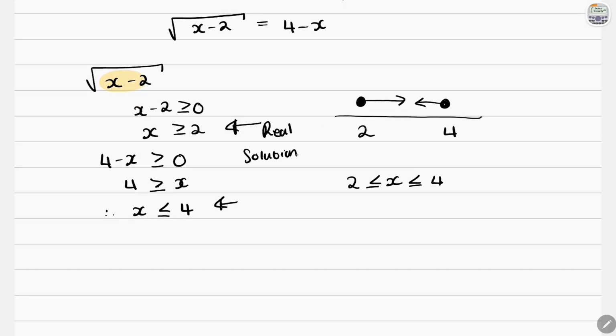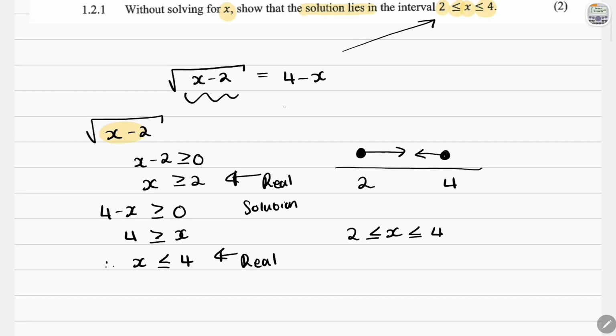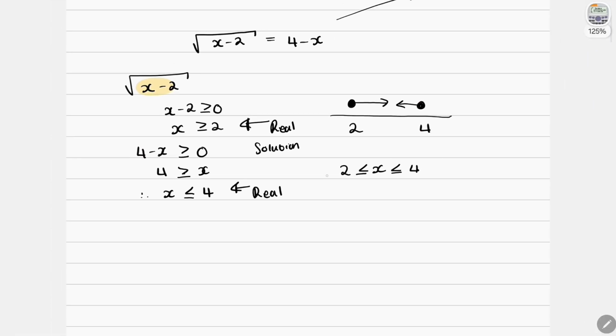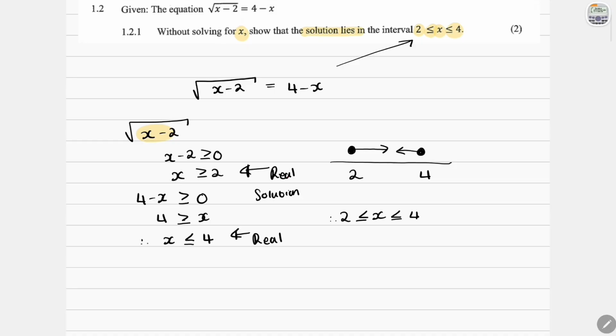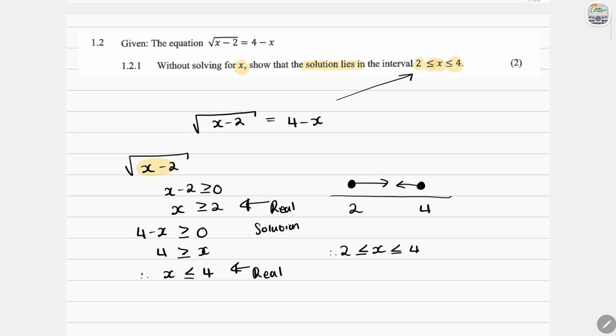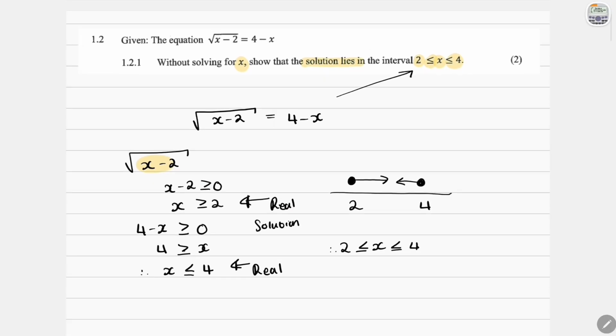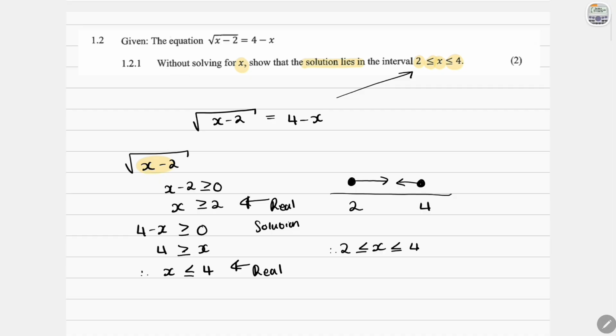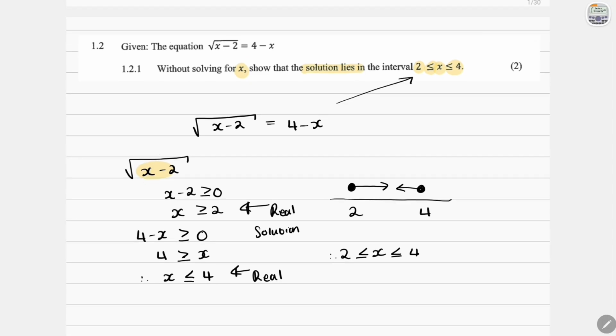And so within those real values of x, we will be able to find the actual answer that makes the left-hand side of the equation equal to the right-hand side. Okay, so there we were able to prove that using this logic. So yeah, this one has to do with a little bit of logical reasoning to just think about how these can stay real.